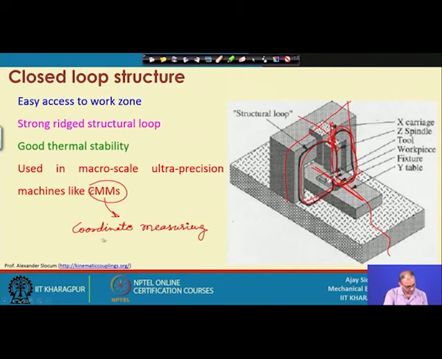Now, what this machine does is that you put a workpiece here and there is a probe. Suppose this is the workpiece and this is the probe. This probe will touch the surface and every time it will find out the coordinate of that particular location.